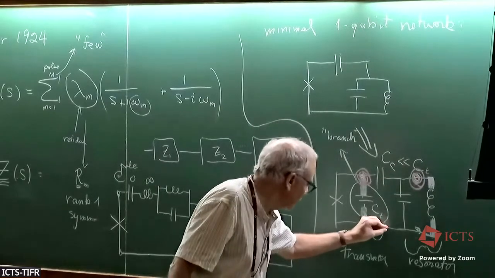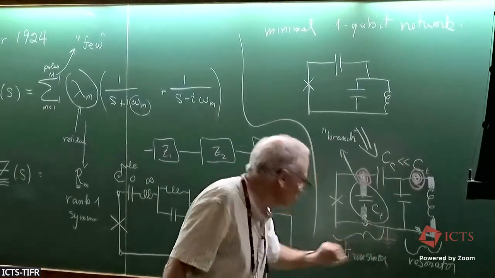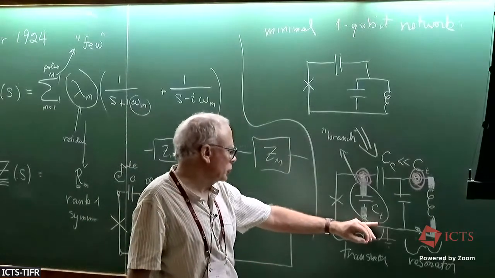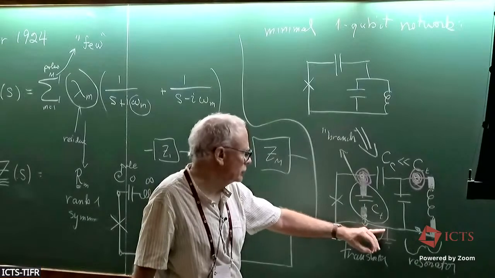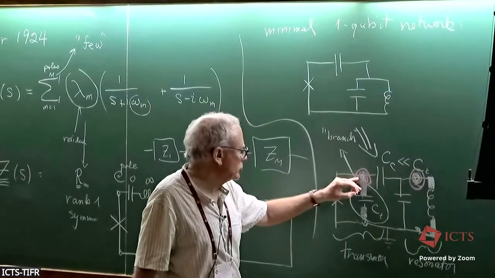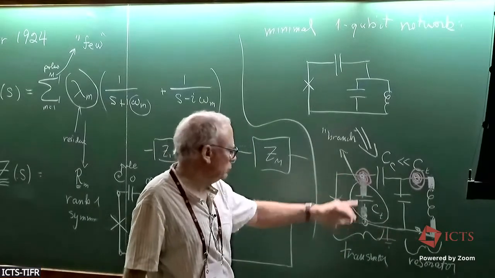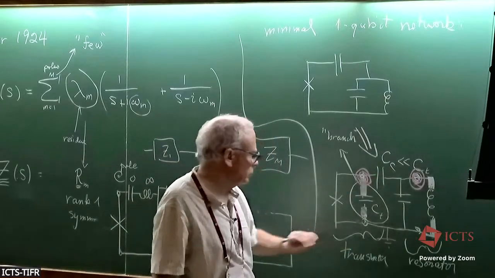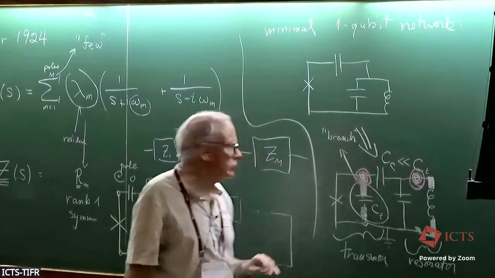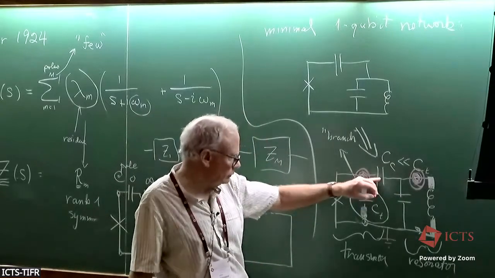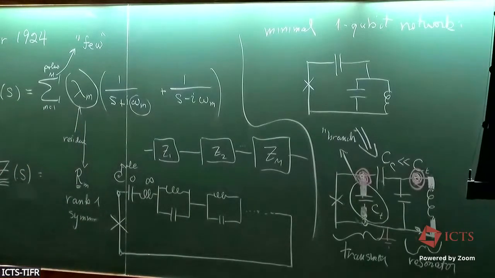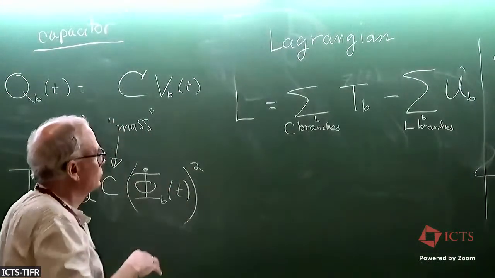And I have a node here which I tend to call ground, but in other words, all branch variables are constructed with reference to ground. So this minus ground is a branch variable for this branch. This minus ground, which you can call 0, is the branch variable for this. And then this minus this is the branch variable for here, which will involve this capacitor. Okay, so I hide these rules a little bit in writing it this way.